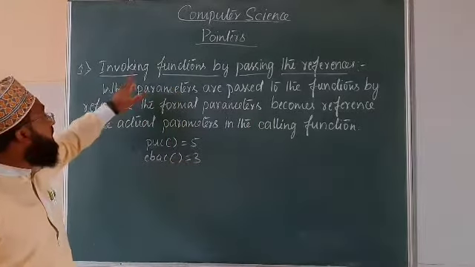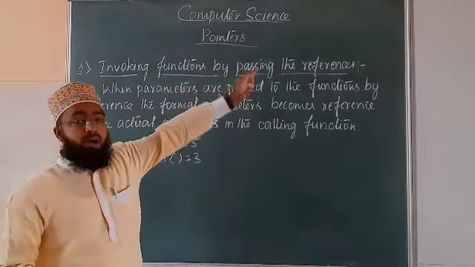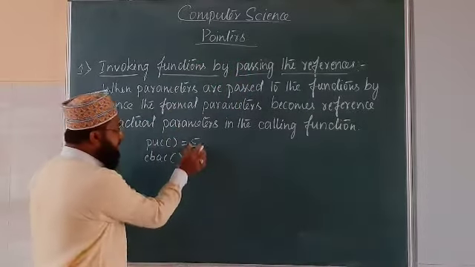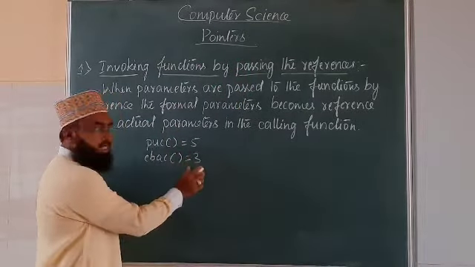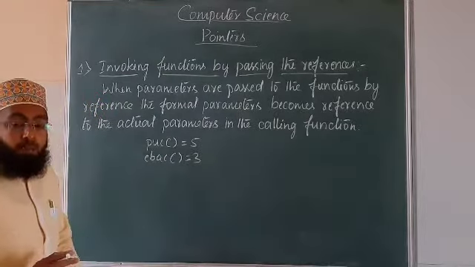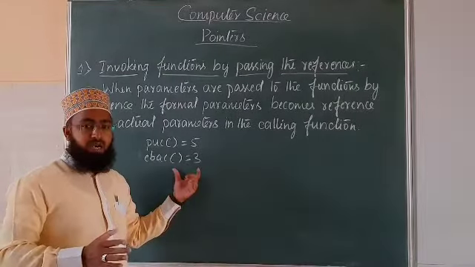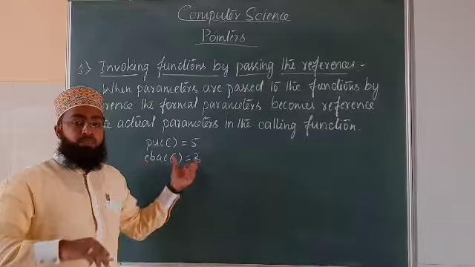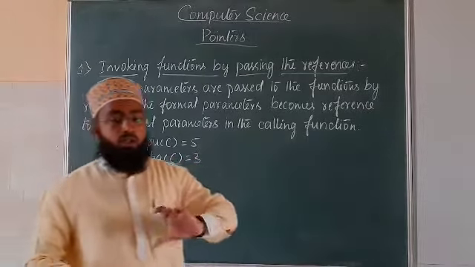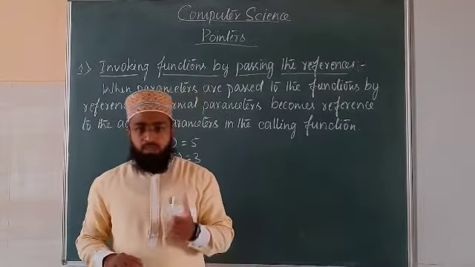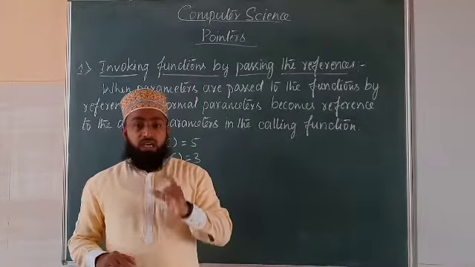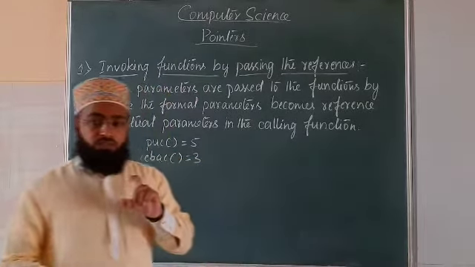So this is called invoking a function by passing references. Just these references are passed. The formal parameters will become the references for the actual parameters of the function in the calling function.